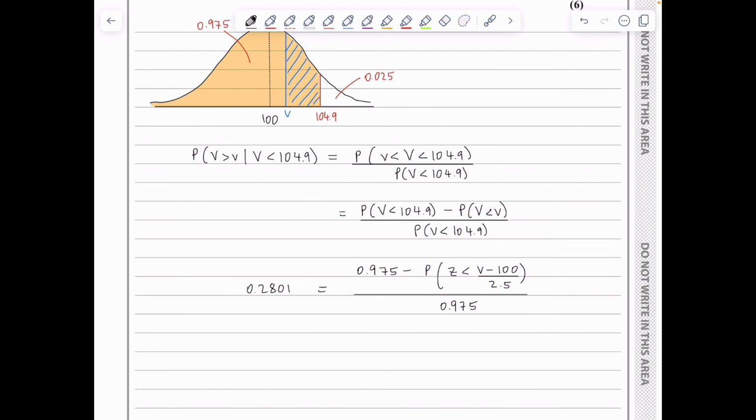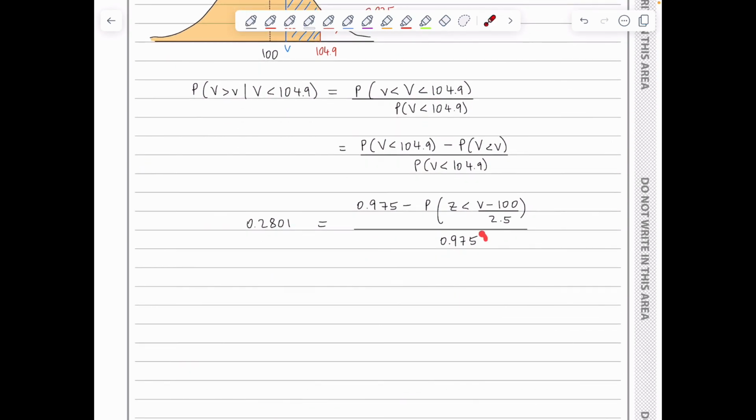I will cross multiply, so I'll be multiplying the 0.975 with the 0.2801 to get 0.2730975 equal to 0.975 minus the probability of Z less than (v minus 100) over 2.5, which means that the probability of Z being less than (v minus 100) over 2.5 turns out to be 0.7019 to 4 decimal places.